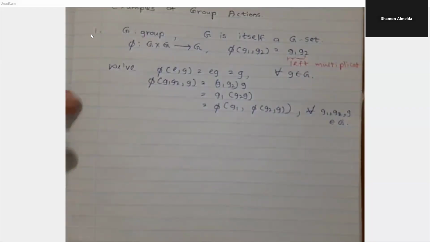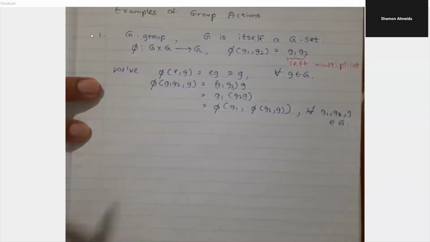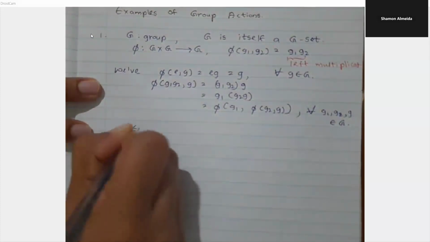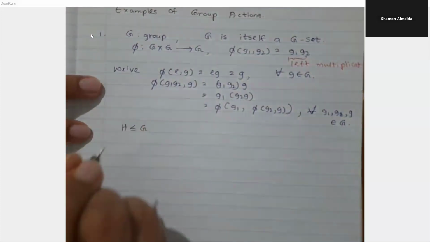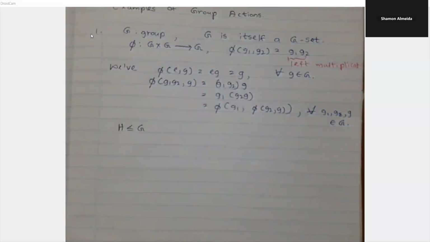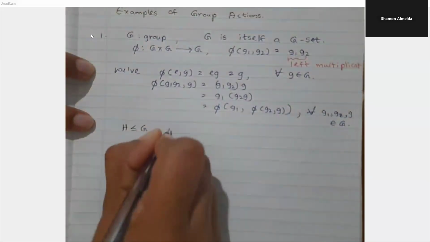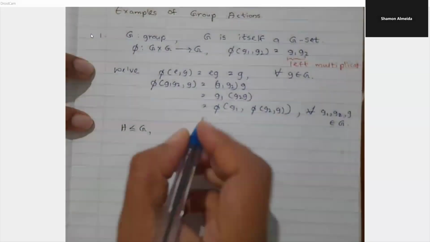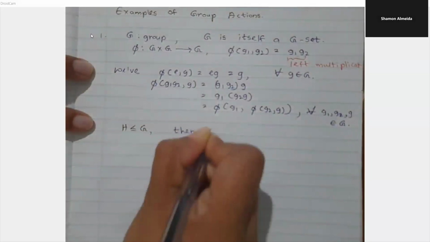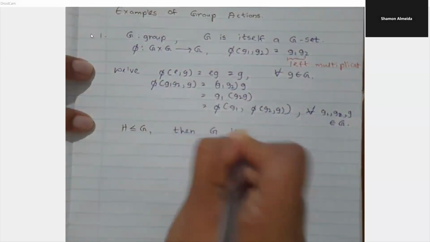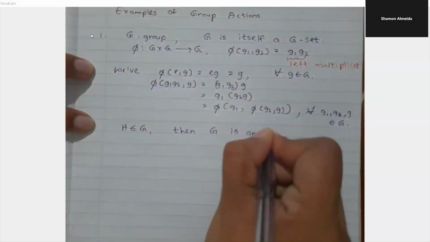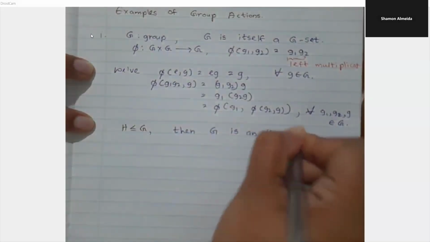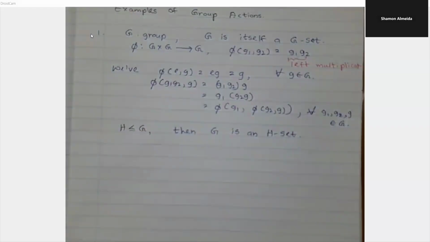Now, if we have, say, a subgroup H of G, then we can regard G as an H-set, right?